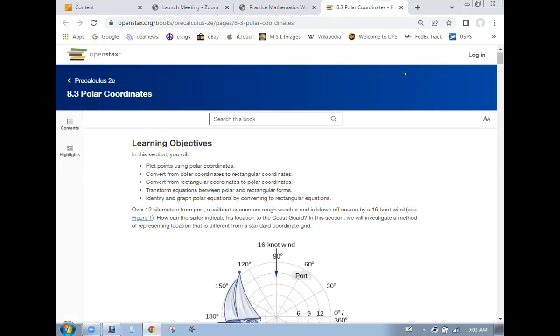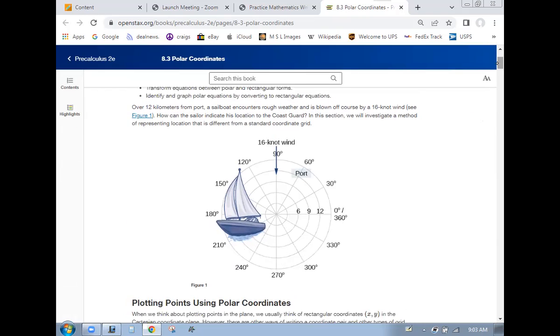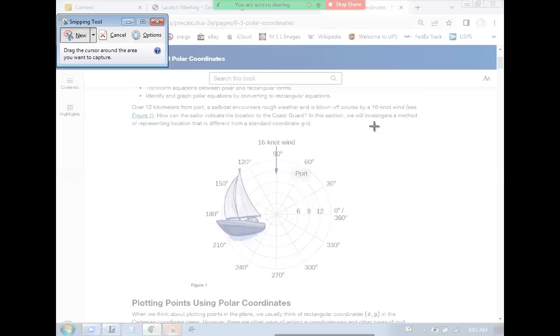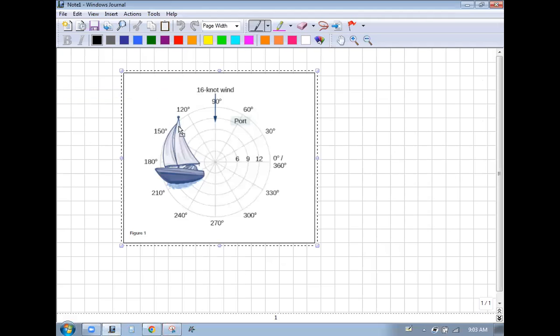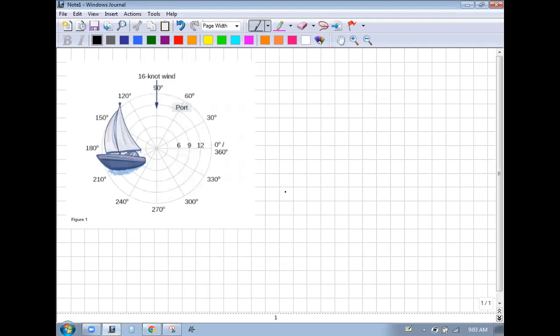All right, so we're going to talk about polar coordinates, which they often use at sea. Instead of X and Y, how far you go left and right and how far you go up and down, another set of coordinates could be R and theta.